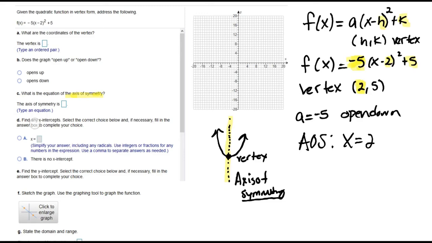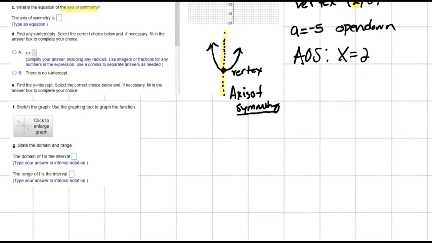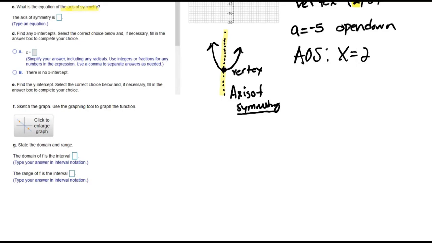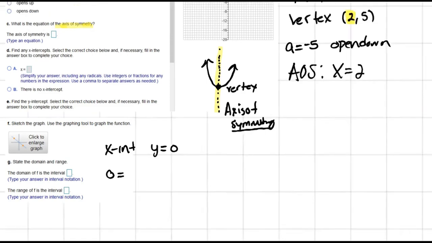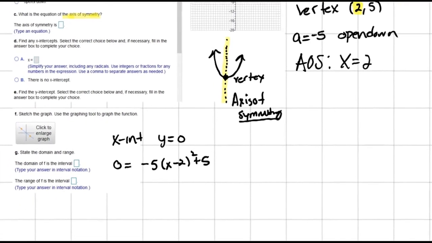The next part says find any x-intercepts. The way that we find an x-intercept is to let y equal 0. So for my function, I'm setting the f of x or y part equal to 0. It's 0 equals -5 times (x minus 2) squared plus 5.